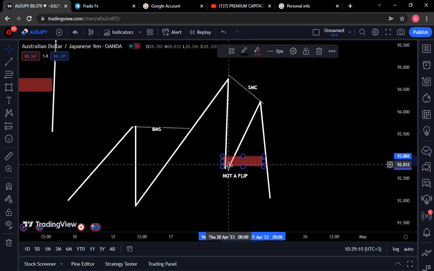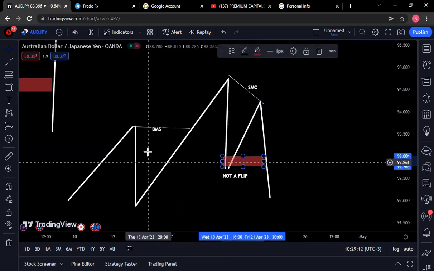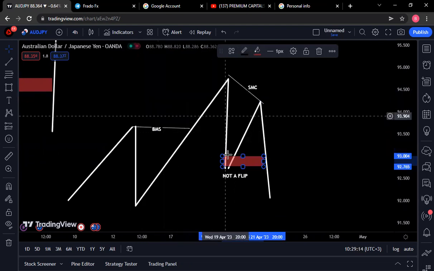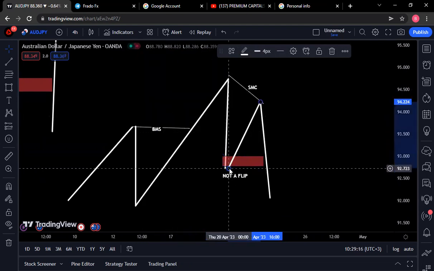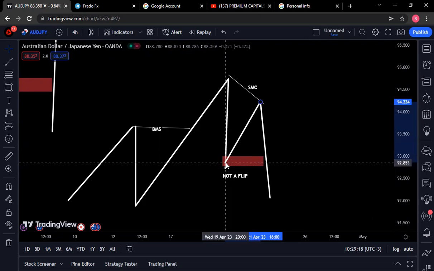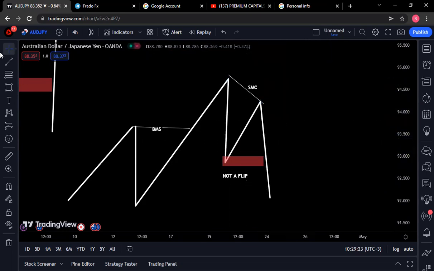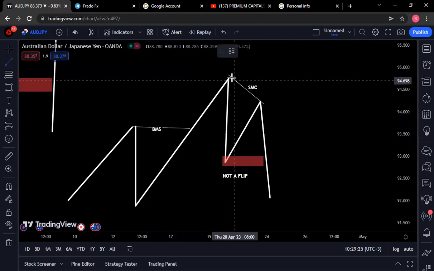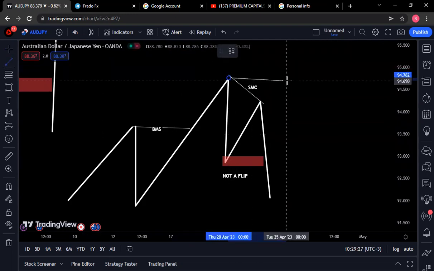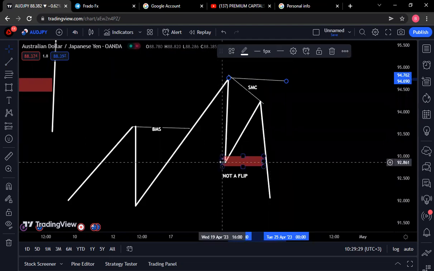This is not a FLIP, this is just a CHOCH. Why? Because we had BMS, and above this zone which we have just drawn, it was not a demand. Why was it not a demand? Because it failed to break this structure above, and therefore it was not a demand.